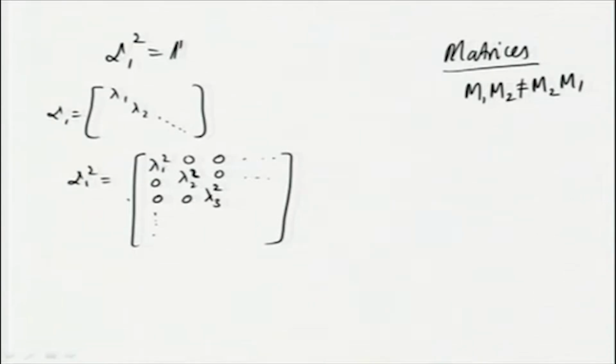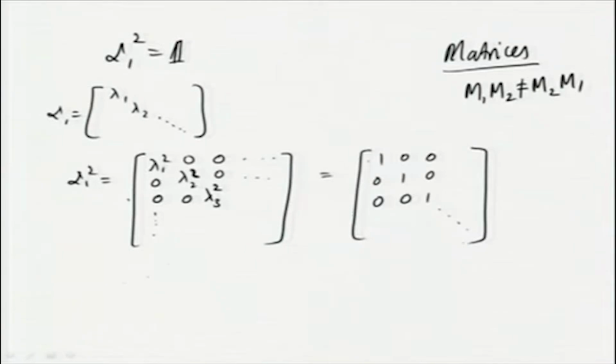So, when I write it as alpha square equal to 1, I actually mean a unit matrix, which is a diagonal matrix with diagonal entries equal to 1. Which means that lambda 1 square is equal to lambda 2 square equal to lambda 3 square equal to 1, etc. All of these diagonal elements should be equal to 1.